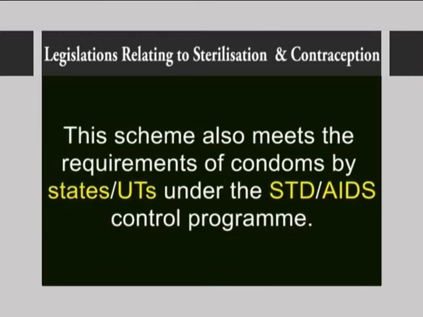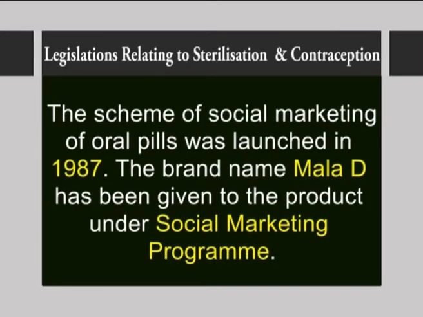This scheme also meets the requirements of condoms by states or UTs under the STD or AIDS control program. The scheme of social marketing of oral pills was launched in 1987. The brand name Mala-D has been given to the product under the social marketing program.